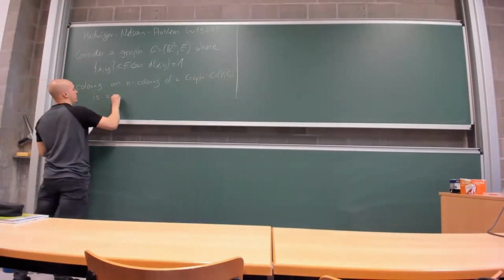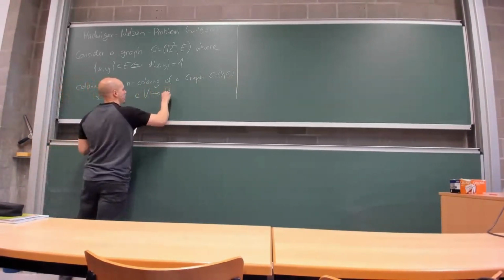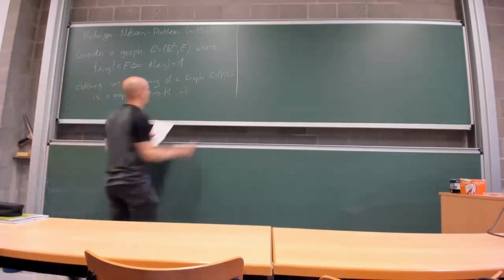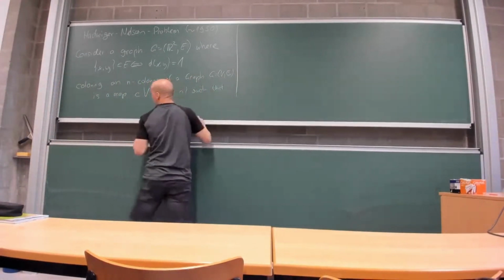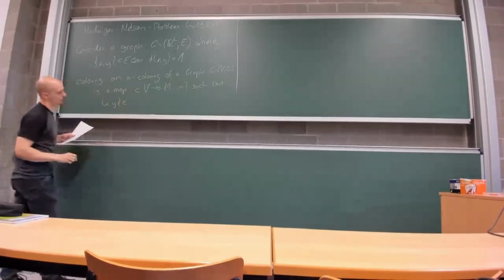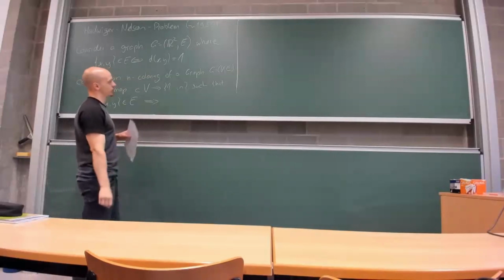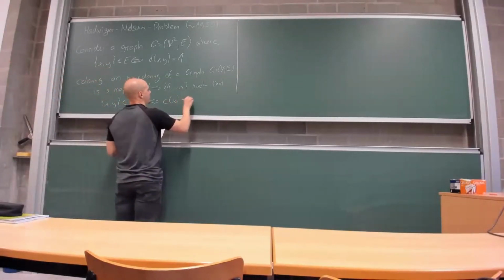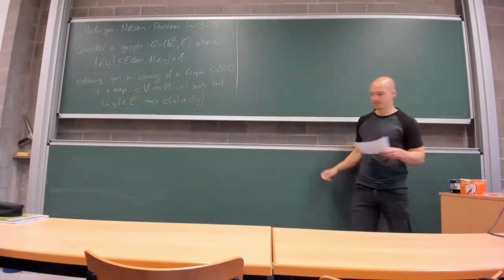This should be a map C from the vertices to the numbers 1 to n, such that when I have two points x and y that are connected, then they must not have the same color. So C of x is not C of y.